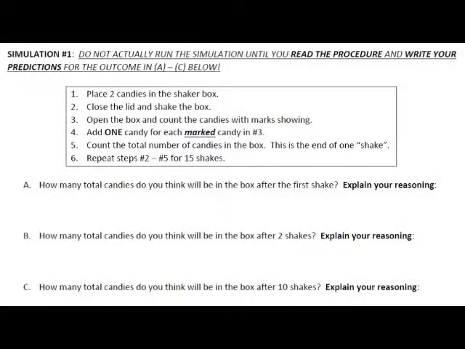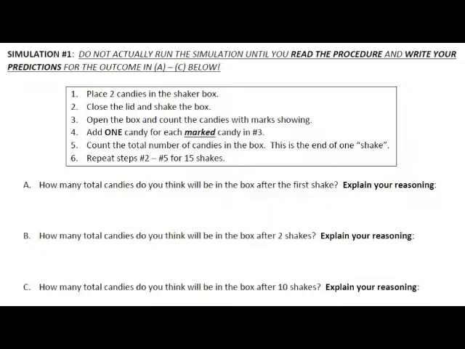Okay, we'll put those up on the screen here for you in just a second. Actually it's A, B, and C, but you get the point. Question A says, how many total candies do you think will be in the box after the first shake? Explain your reasoning.